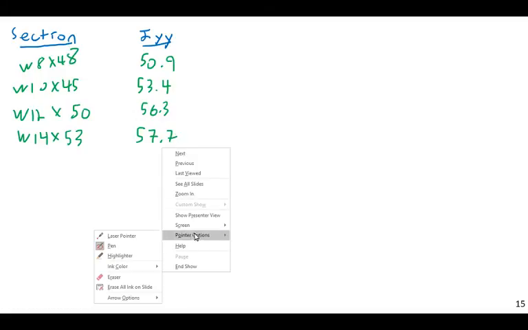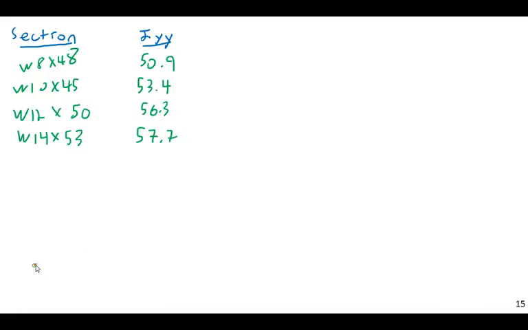And look, the W10 by 45 is going to control. It's the lightest. It only weighs 45 pounds per foot compared to 48 here. There is one other that I might consider, the one with less depth, so maybe that would be beneficial.